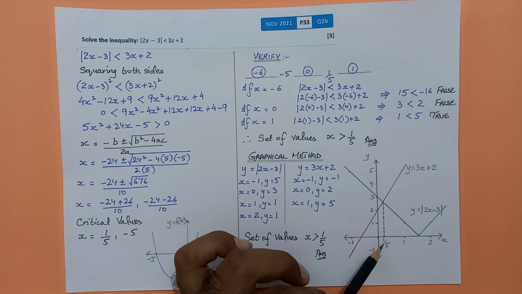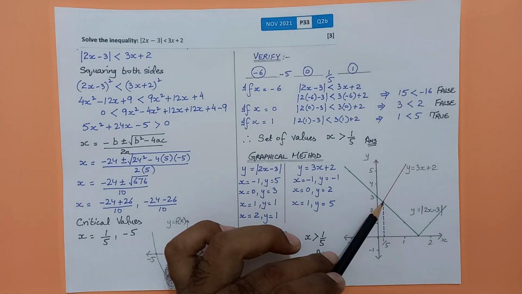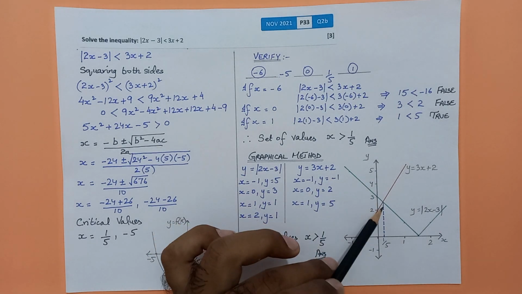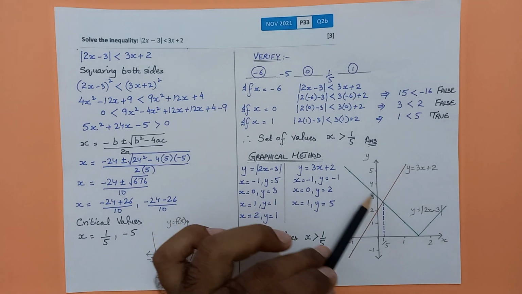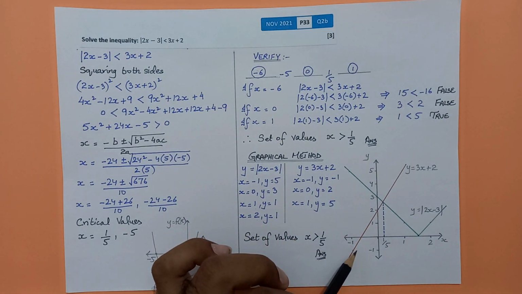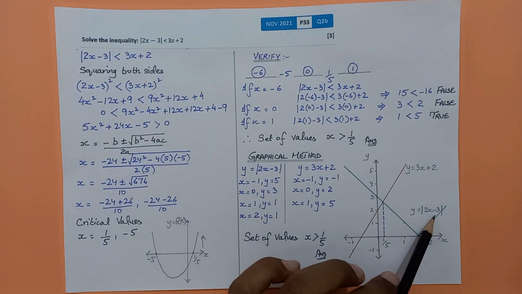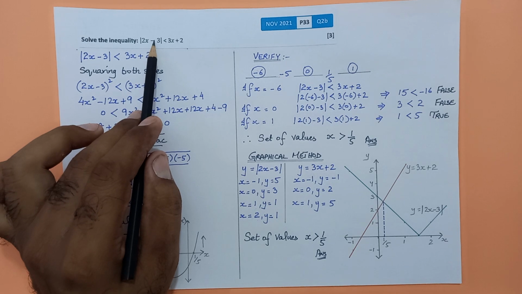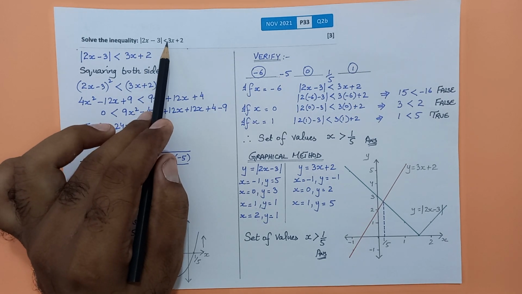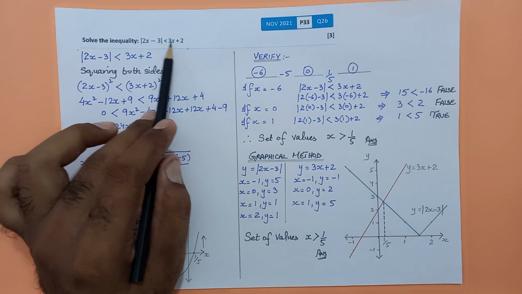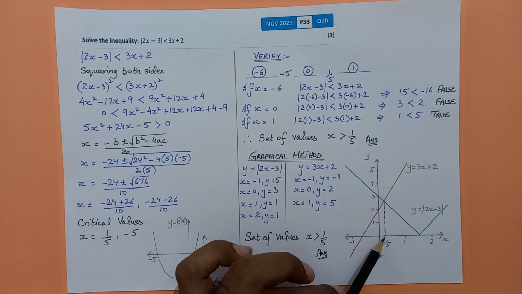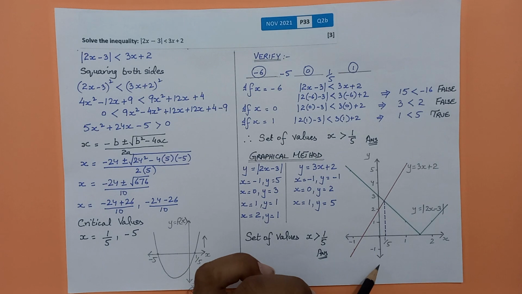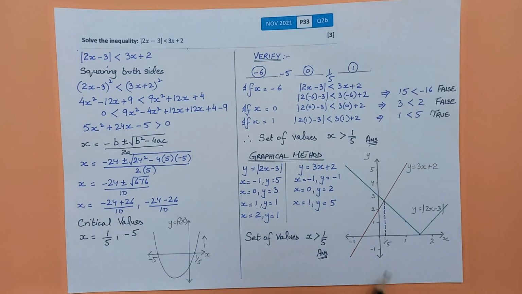If we take any value less than 1/5, it is observed that the green line is above the red line. When the green line is above the red line, the green is greater than the red, but the inequality requires green to be less than red. According to that, any value less than 1/5 is not a solution of the given inequality.